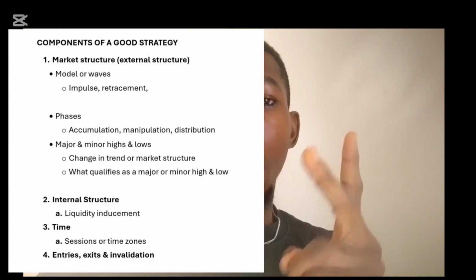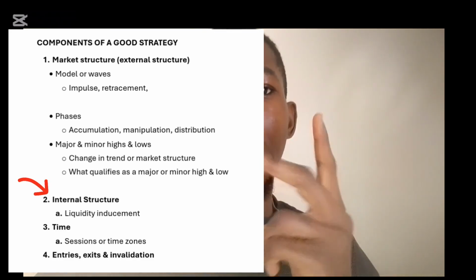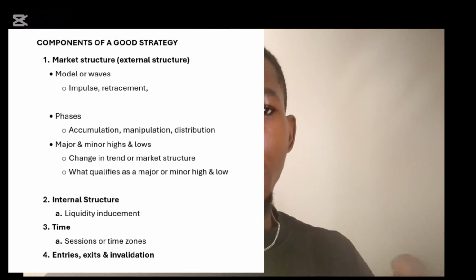Now, this moves to the second component of a good strategy: internal structure. The internal structure should also be repeatable. Anything you are doing in the market should always be repeatable, and it needs a repeatable pattern. Now, what is the repeatable pattern in the internal structure?